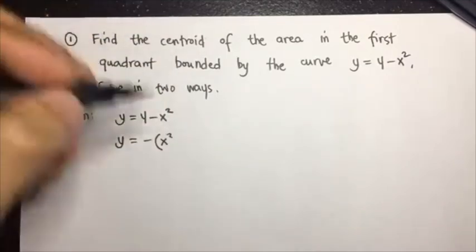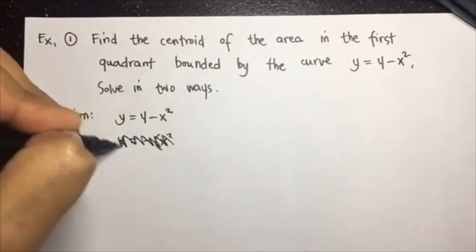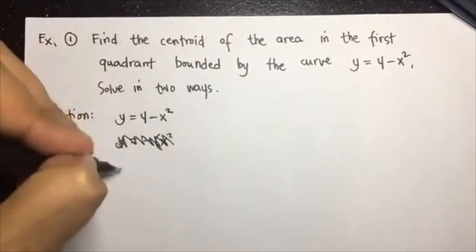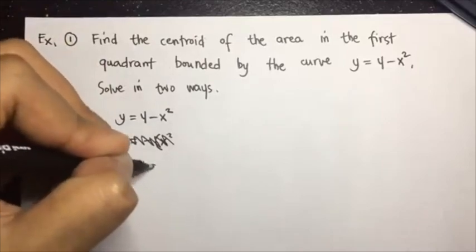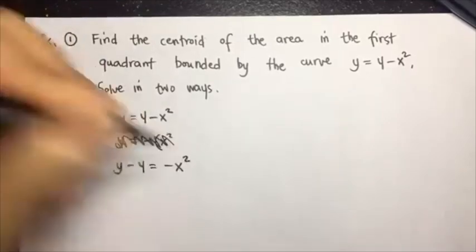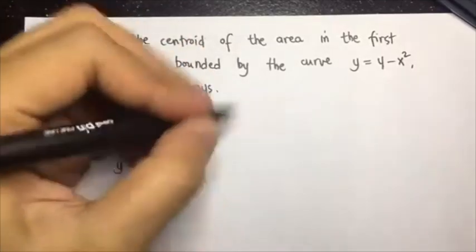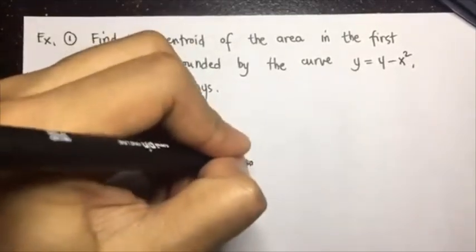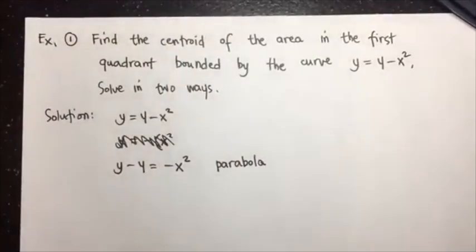Sorry, we must first transpose 4 to the other side, so we have y minus 4 is equal to negative x squared. So this is a parabola opening downwards.